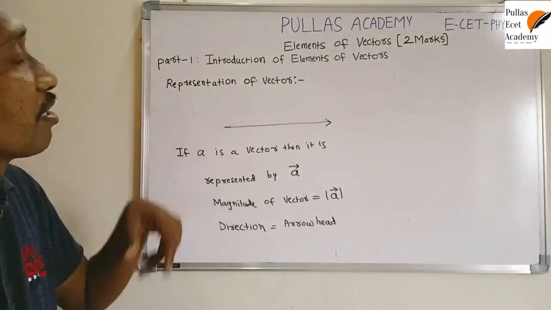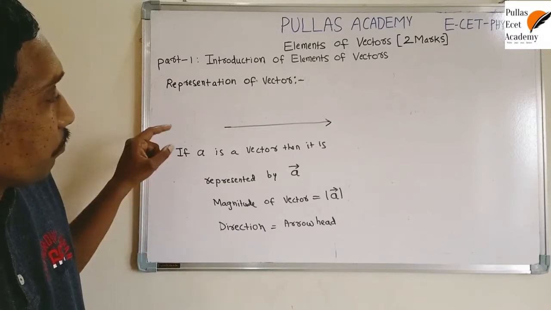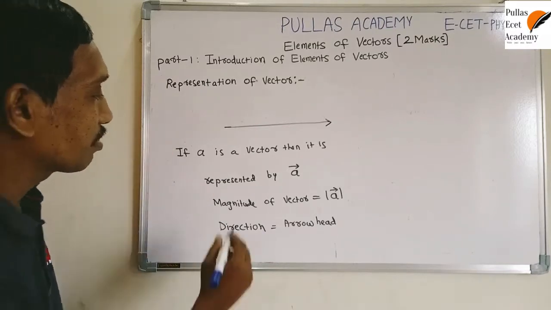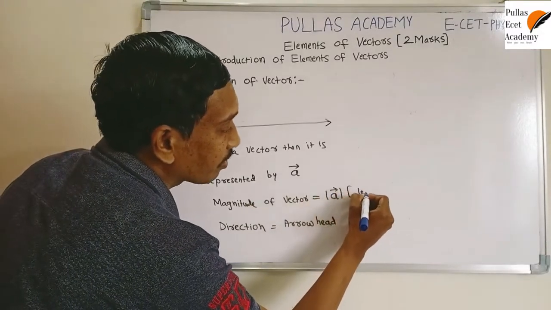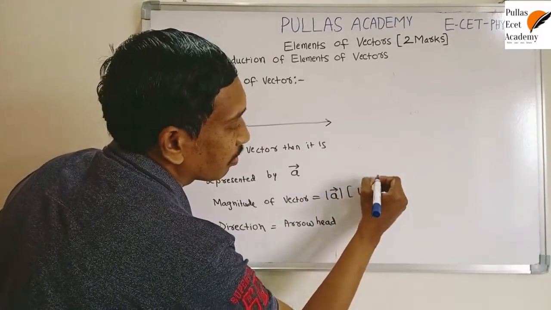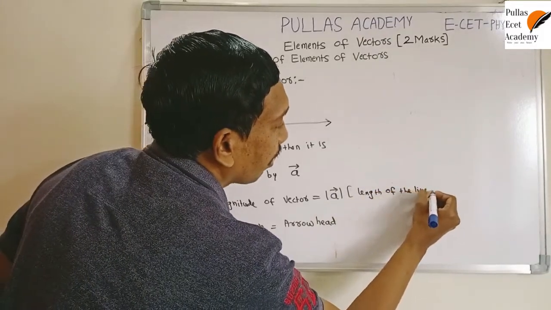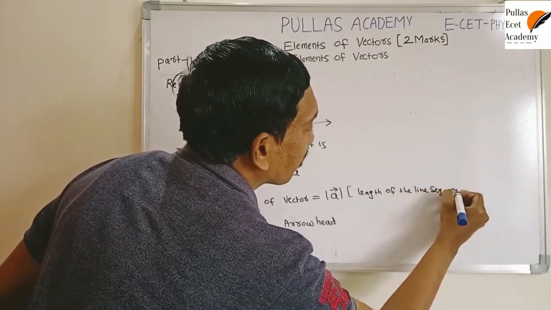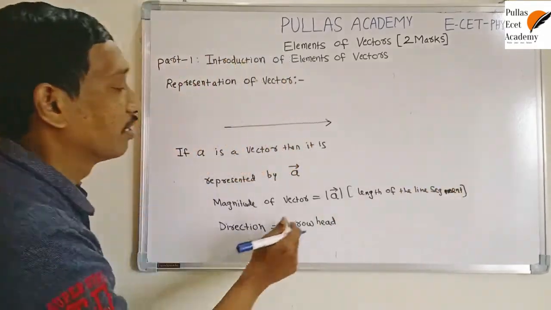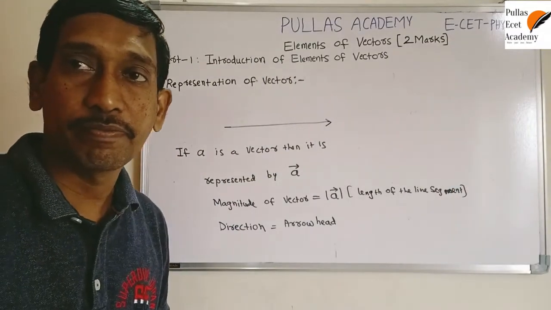So this is about the representation of a vector. The length of the line segment stands for the magnitude, and the arrowhead stands for the direction. This is a simple representation.